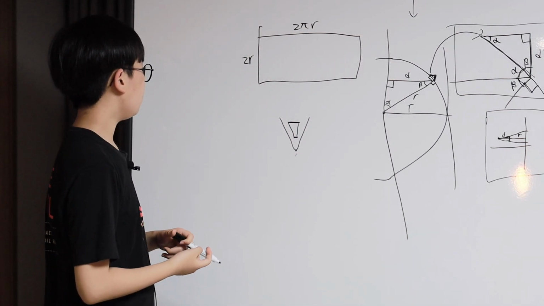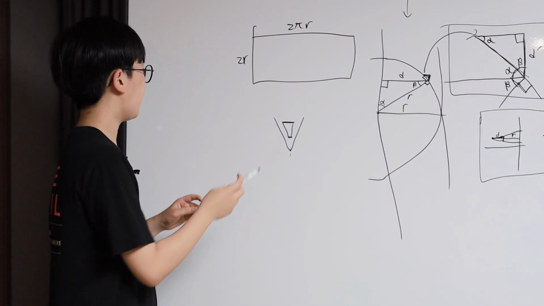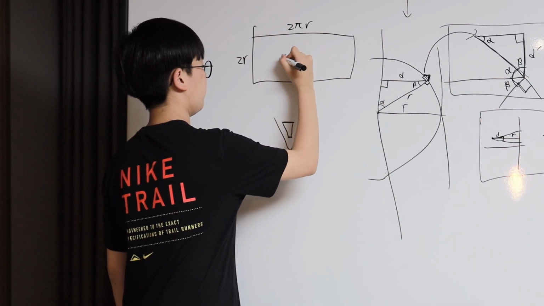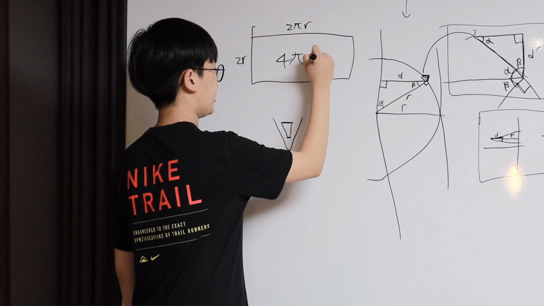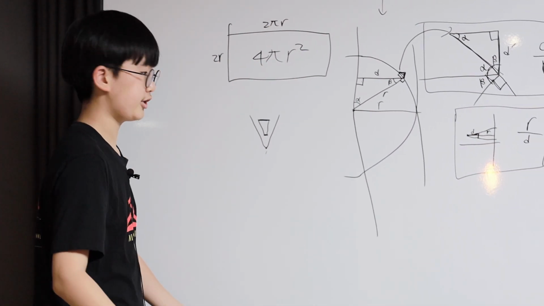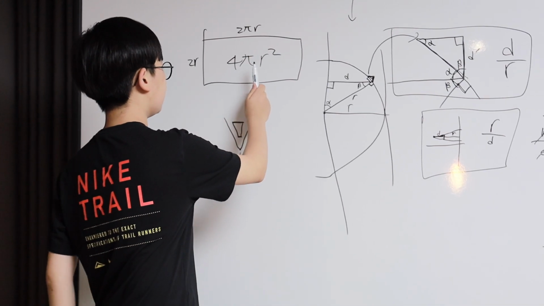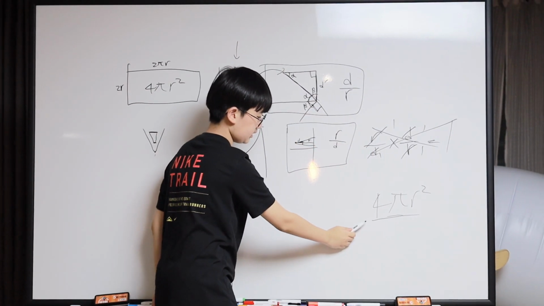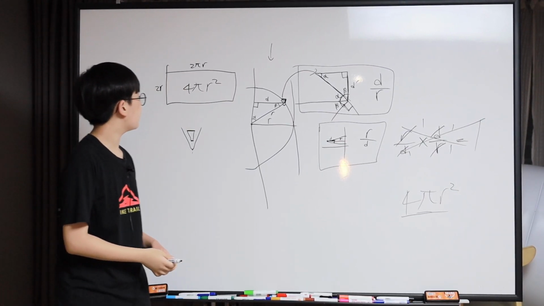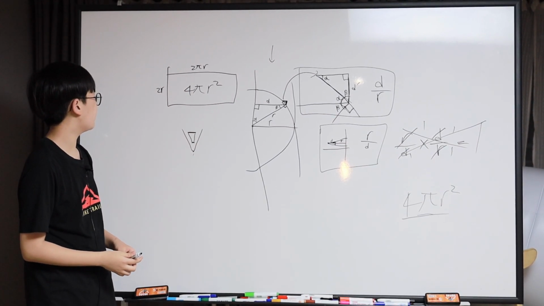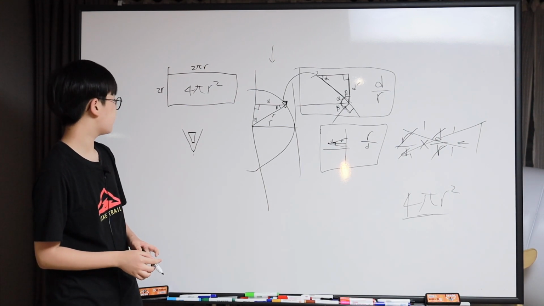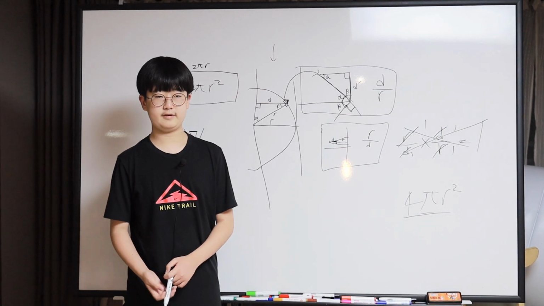And as I wrote earlier, this becomes 4 pi r squared. And yeah, that's why 4 pi r squared is the surface area of a sphere.